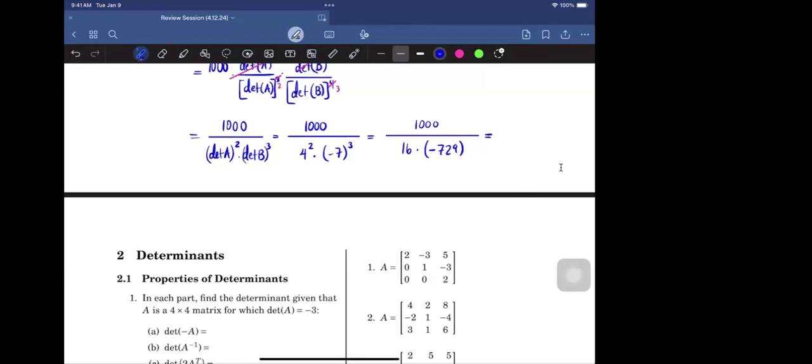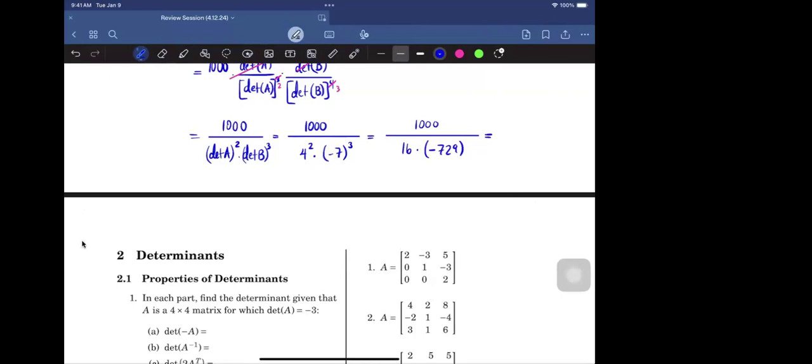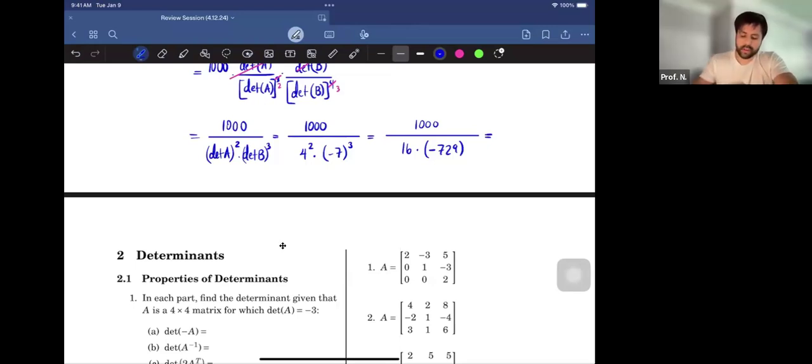And let me see, what did I write? So what did I have as the answer? Was it completely different? Why would negative 7 to the third power be negative 729? Oh, sorry. It's not, it's 343, right?